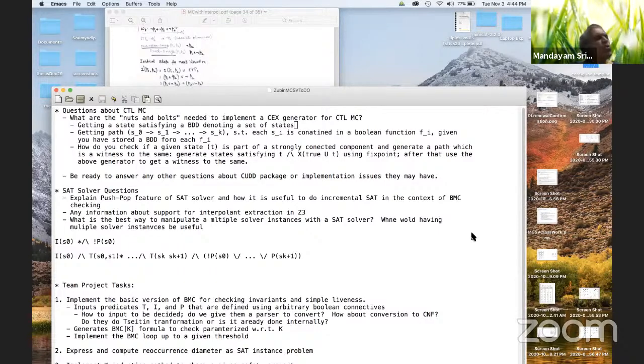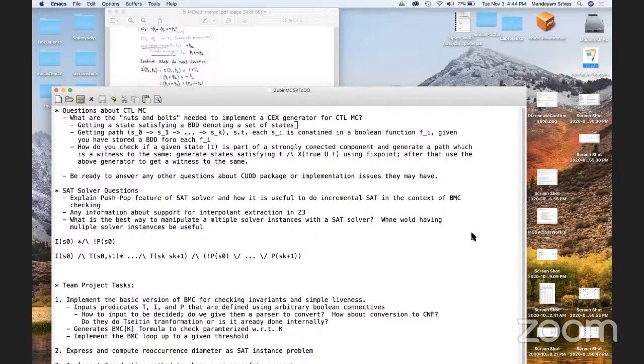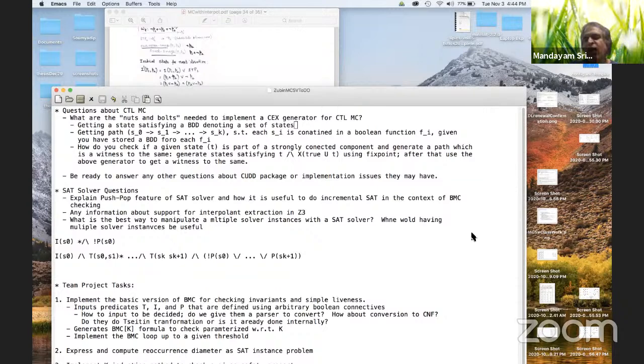Okay, you could do it in a forward direction also. Then you would compute the post image, correct? There exists a state that goes to the next one. That you can do too, but you will not get the shortest one in that case. No, with BFS we will get the shortest one, right? Because we're doing BFS.